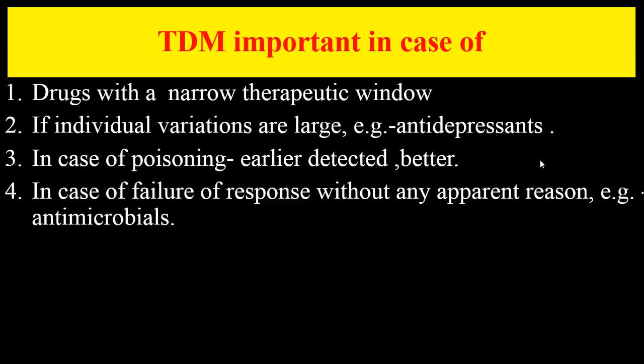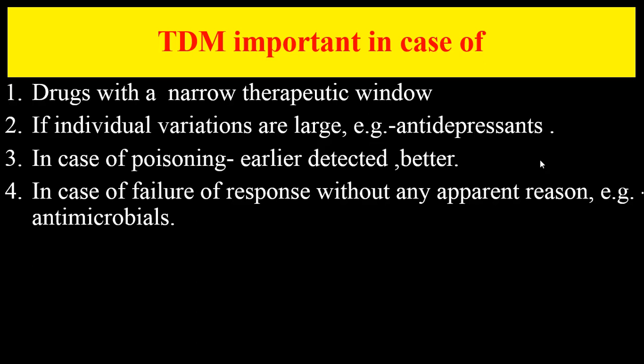And there are certain cases in which the drug may not show response. For example, it is quite significant in case of antimicrobials. For example, Mr. X started taking one antimicrobial, and he has something known as natural resistance to that drug.